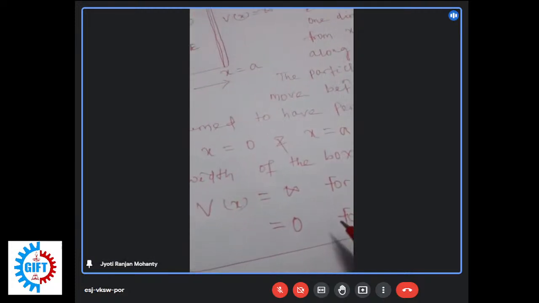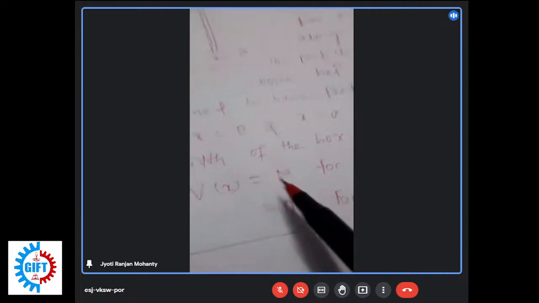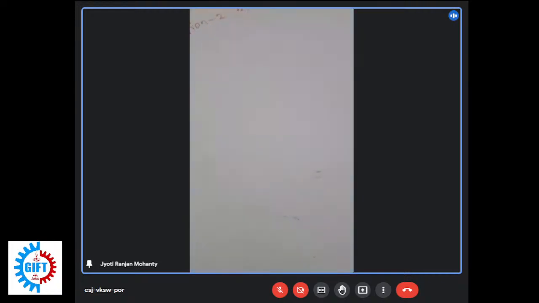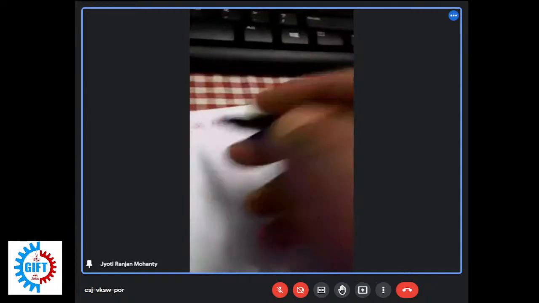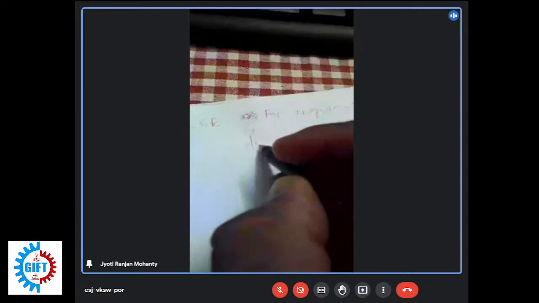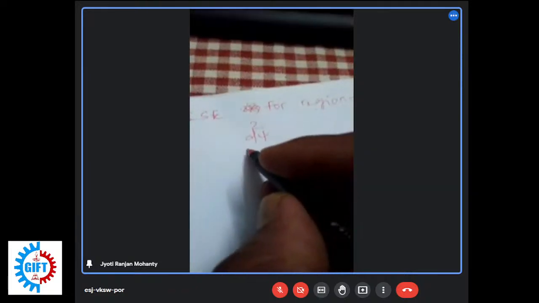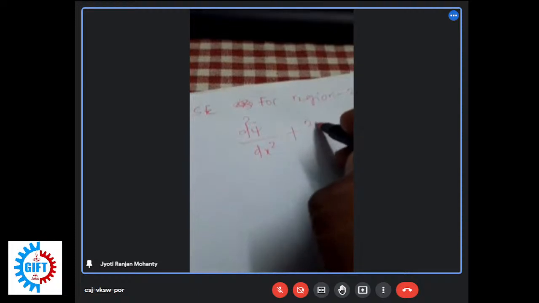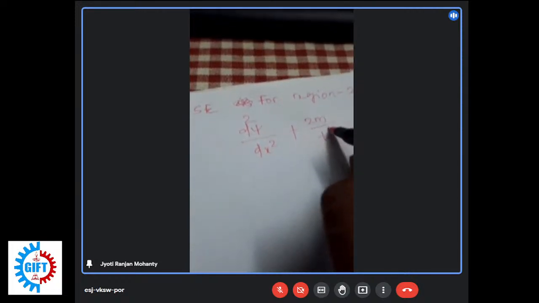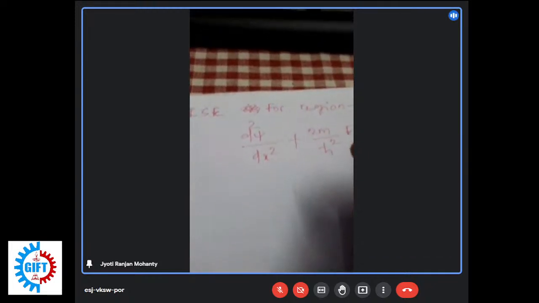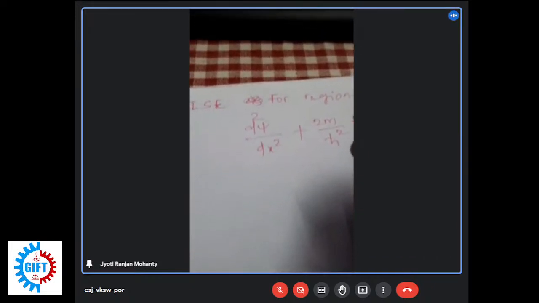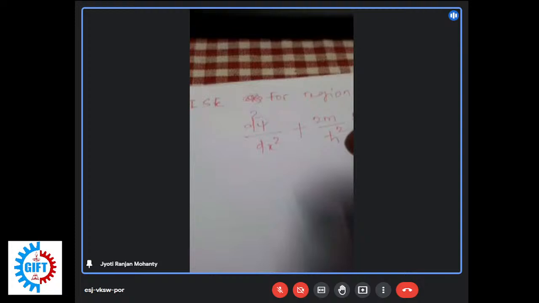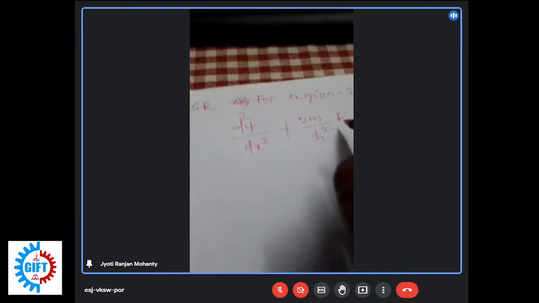Why have I not taken region 1? Because look here, the time independent Schrodinger equation is d square psi by dx square plus 2m by h cross square into (E minus V) psi. If I consider region 1, what is the value of V in region 1? Infinity.